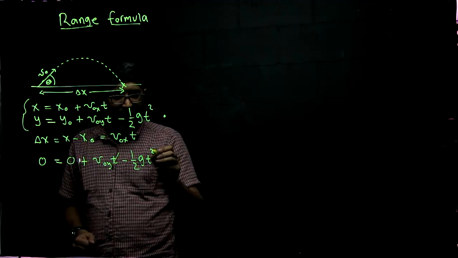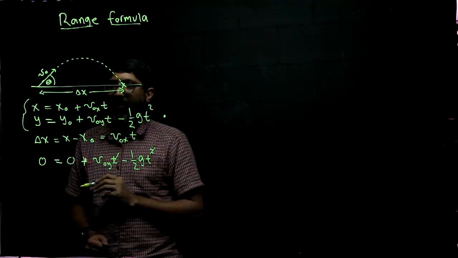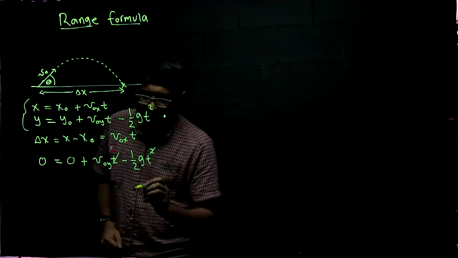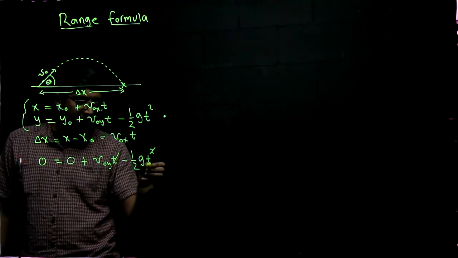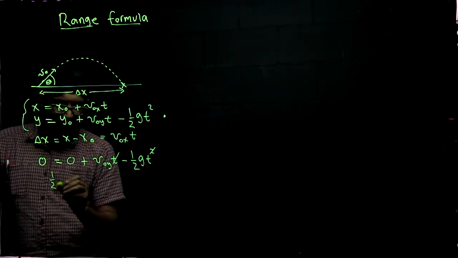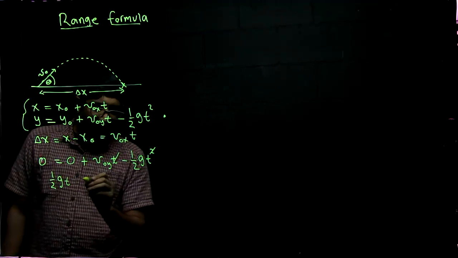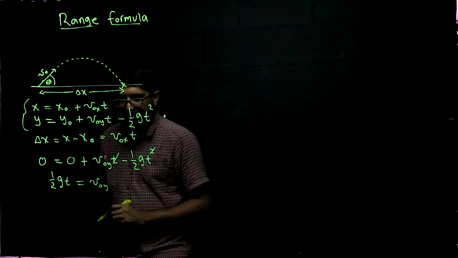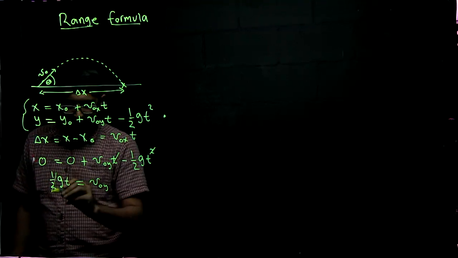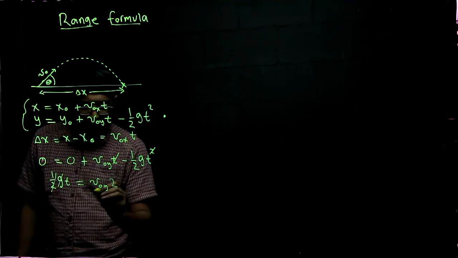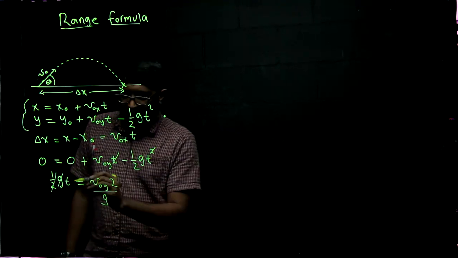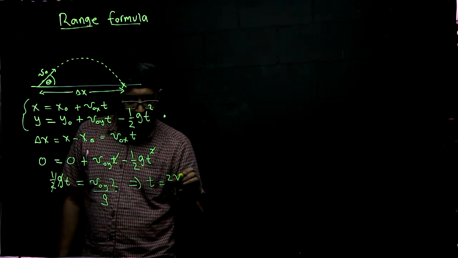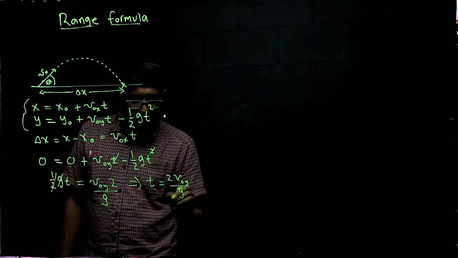Now I can solve this equation for t. If I move the 1/2 g t to this side, I have 1/2 g t equals v0y. Now I multiply by 2 and divide by g, and rewriting this neatly, t equals 2 v0y divided by g.